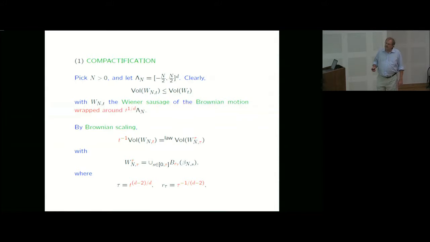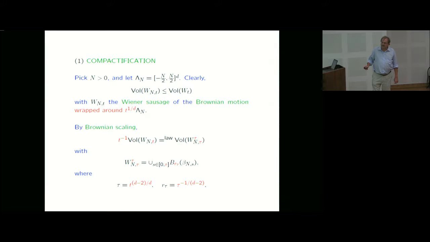In fact, it is a very simple observation to see that this quantity here, for the wrapped Brownian motion on this bigger box, is in law equal to the volume of a Brownian motion living on the smaller box, but with a much smaller radius.